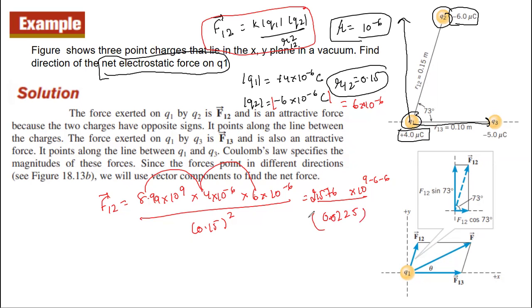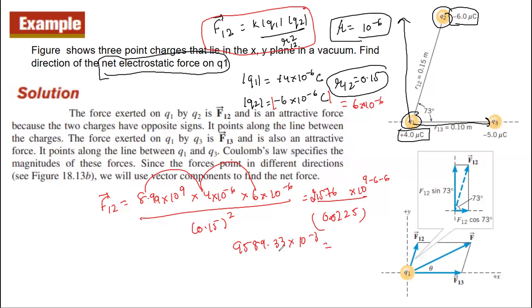So I've got something like this. Let me just do the quick calculation. 215.76 divided by 0.0225. Okay, I've got this number 9589.33 and then 10 to the power -3 to solve it. So I'll move the decimal place like this.